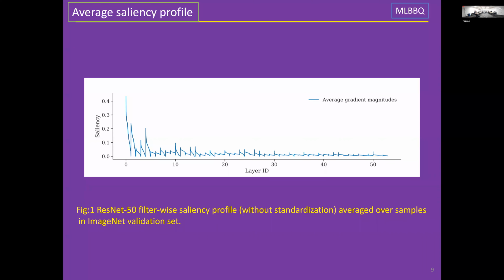So here their observation is that early layer filters have higher saliency values compared to deeper layer filters, because early layer filters are responsible for capturing low-level features like textures, colors, that sort of thing, whereas deeper layers are mostly responsible for creating semantic meaning in the input.